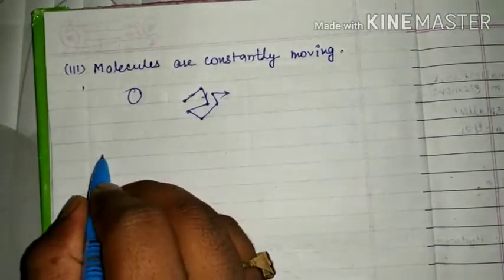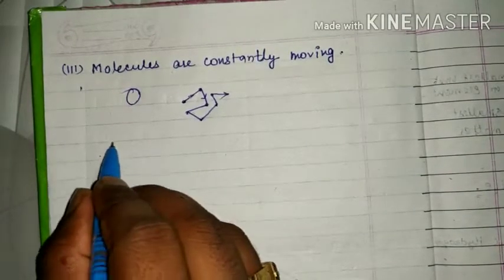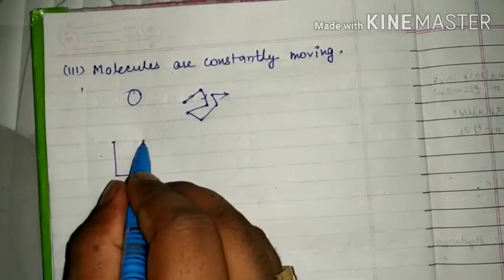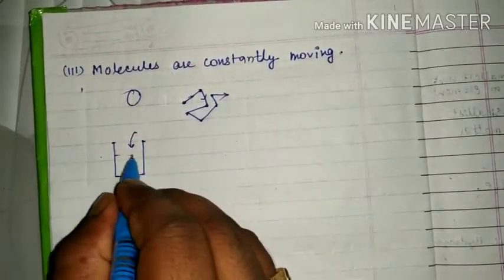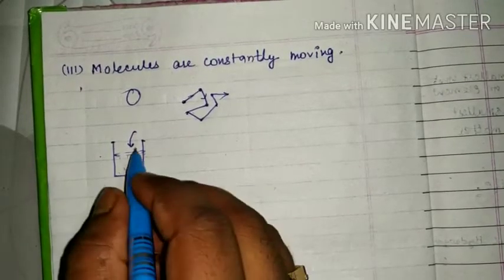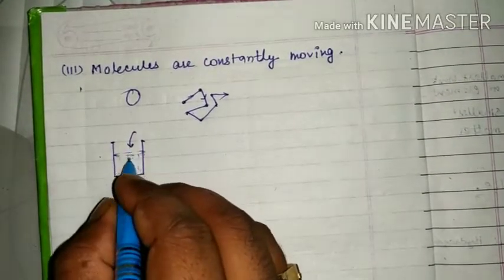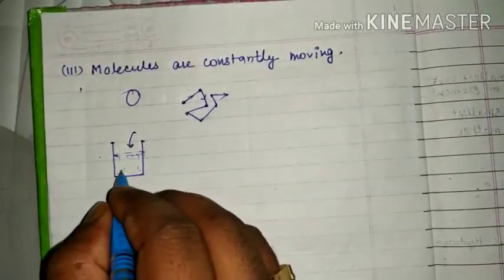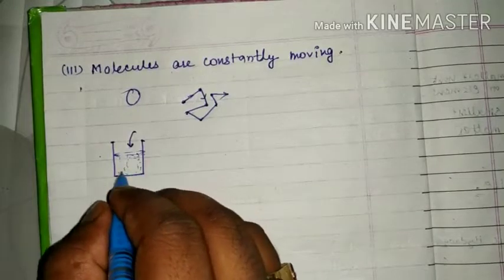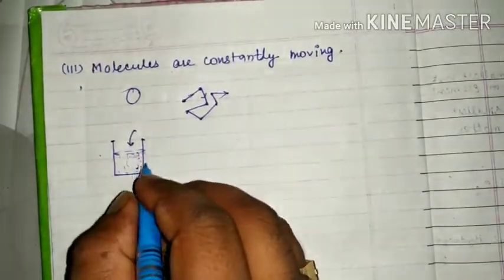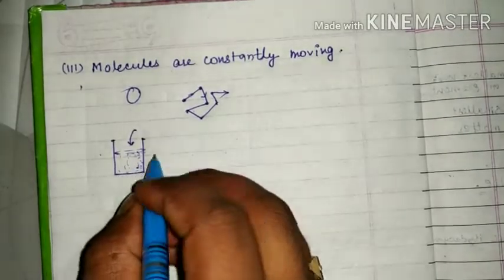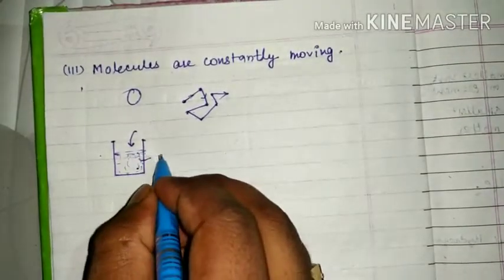And the second example: if you drop some ink in a bucket filled with water, then after some time you see the ink spread through the entire bucket and the color of the water becomes blue.